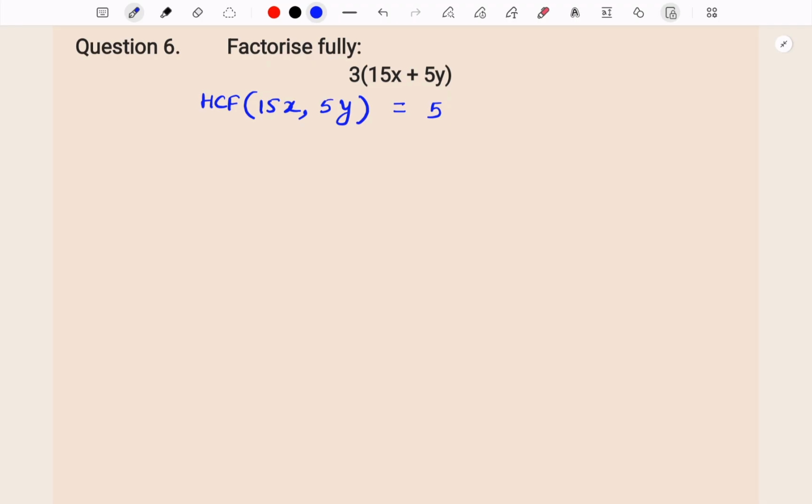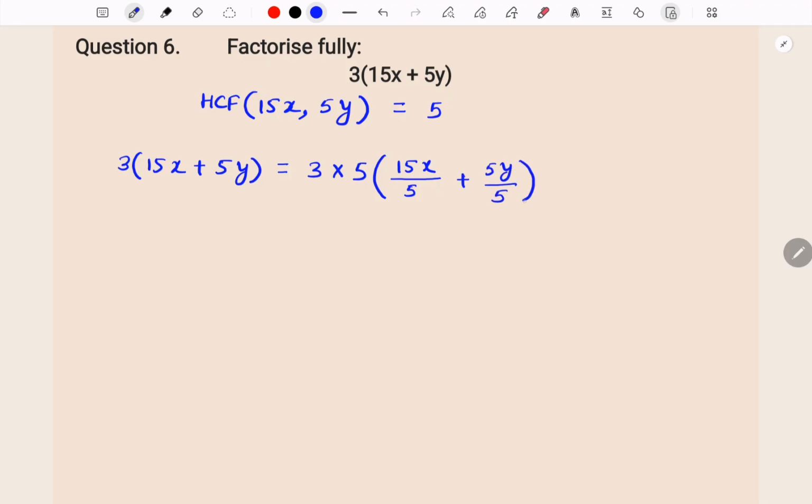Now let's go back to the original expression. We have 3 multiplied by (15x + 5y), right? Now let's factor out 5. So we have 3, and if I factor out 5, then I will have to divide every term inside the bracket by 5. So here I have 5y over 5.